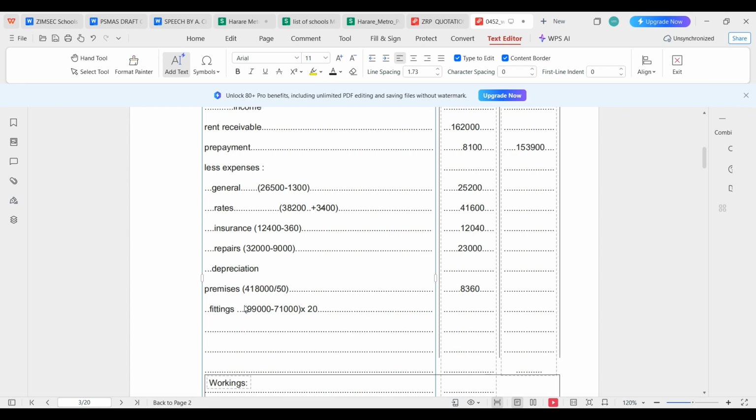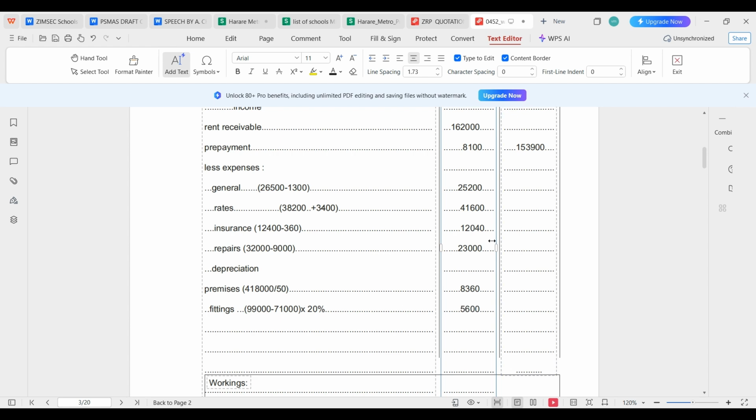I'm sure you know that when calculating depreciation using the reducing balance method, you say the cost minus the provision for depreciation, times the percentage. So 99,000 minus 71,000 gives you 20,000, times 0.2, which is 20%, so you get 5,600.